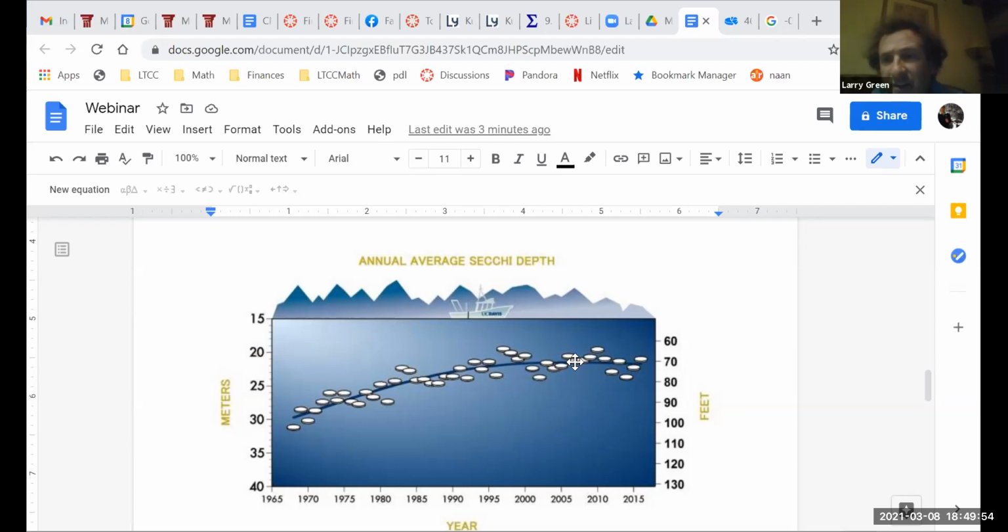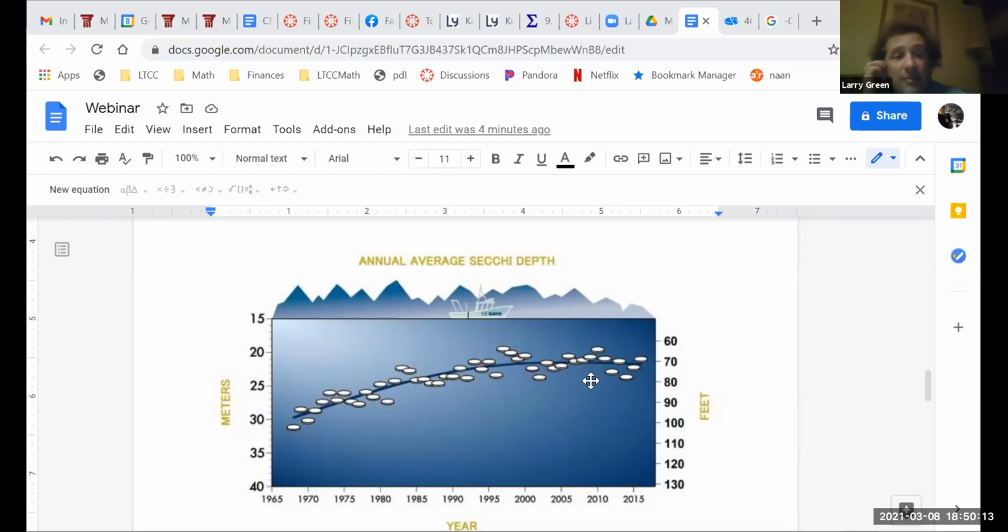There's other stuff that was affecting lake clarity besides humans, but the other stuff didn't have a trend over the years. Sometimes it made it go up, sometimes it made it go down. Does that make sense?